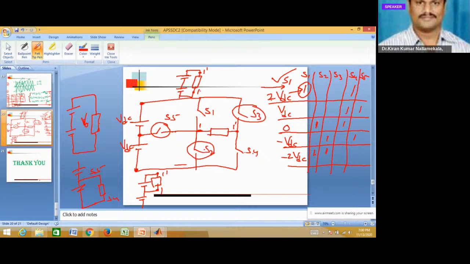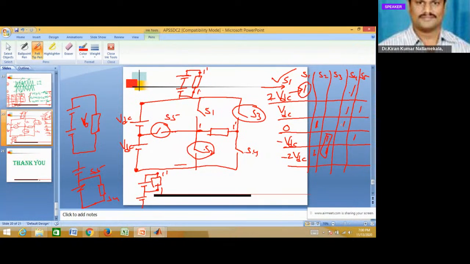So you have to add these two signals, the 0 voltage signal and the minus 2 VDC signal, and both together should be given to switch S2. Similarly for S3, the minus VDC level and minus 2 VDC level signals are given. For S4, the 2 VDC, VDC and 0 voltage levels are given.